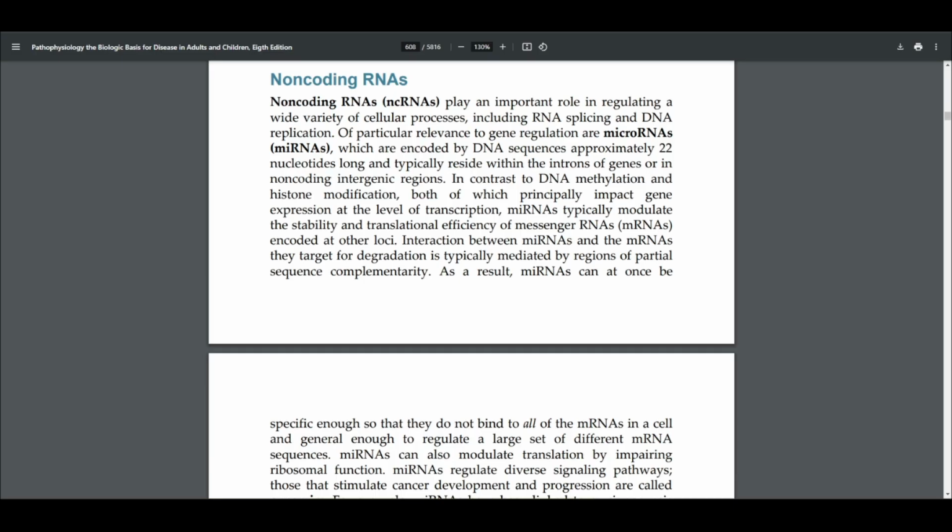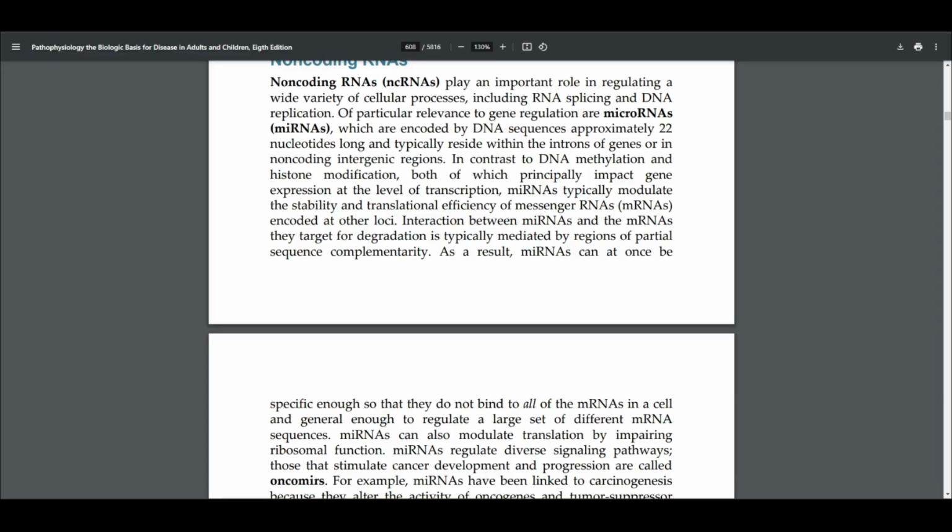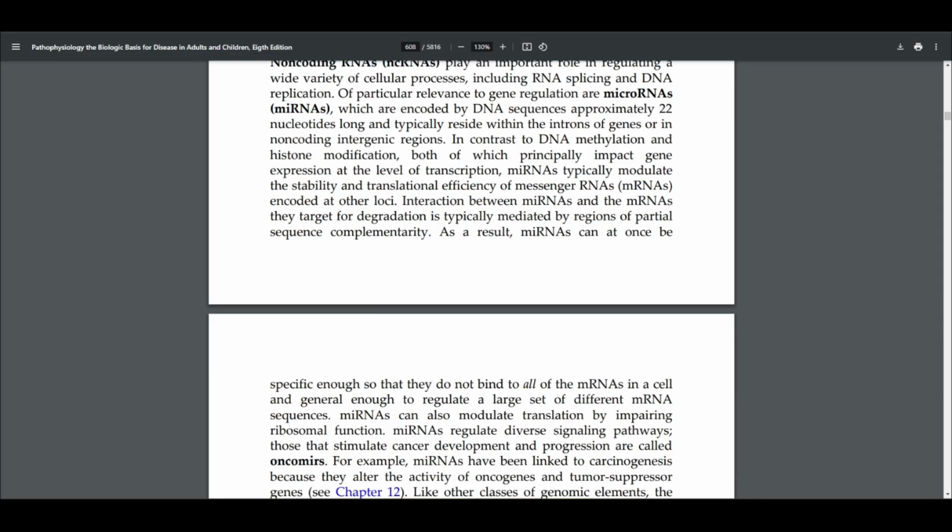In contrast to DNA methylation and histone modification, both of which principally impact gene expression at the level of transcription, microRNA typically modulates the stability and translation efficiency of messenger RNAs.